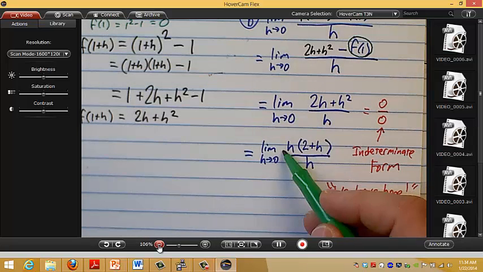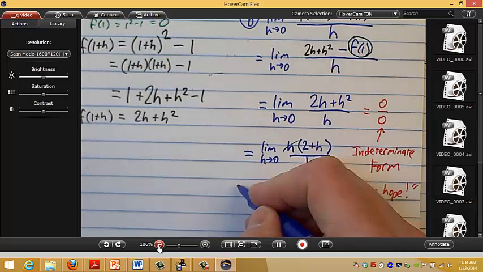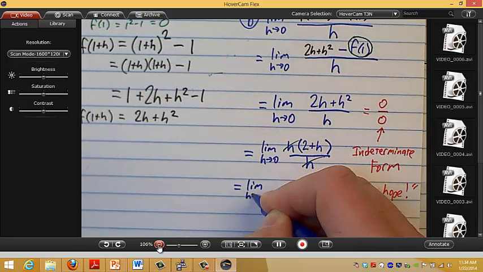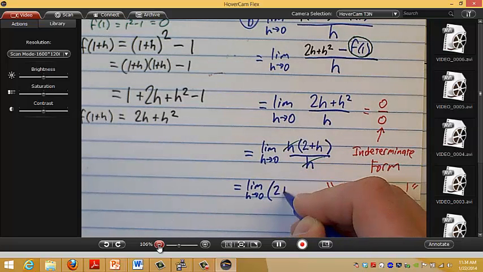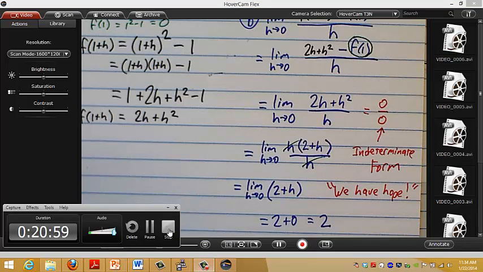I can cancel it. You can cancel factors. And so now, this is the limit as h approaches 0 of 2 plus h. Now can I plug in h equals 0? 2 plus 0 is 2. So that's how that one works.